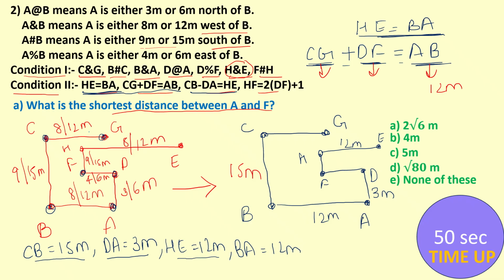So if I add CG and DF distance, I should get 12 meter. Now CG can be 8 or 12 meter. DF is 9 or 15 meter. So what if you add, you'll get 12 meter.